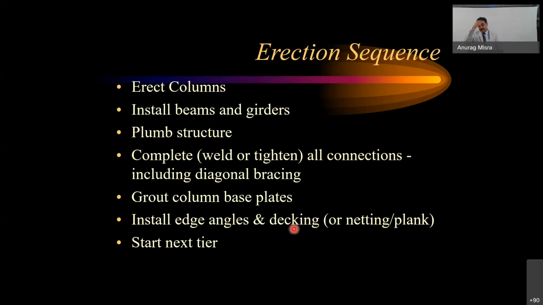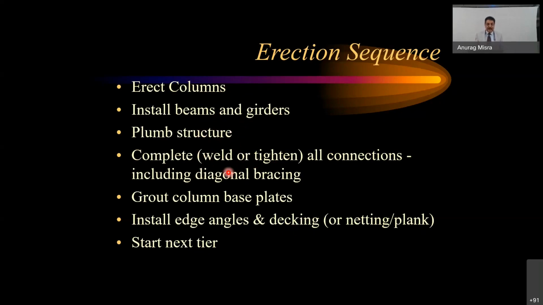Otherwise, the sequence of erection is first the columns, then beams. Once these two are done, plumb is checked at this level also. Weld is normally not there, but some designers still prefer some site welding, although, if you ask me, I would say that this should be completely avoided.